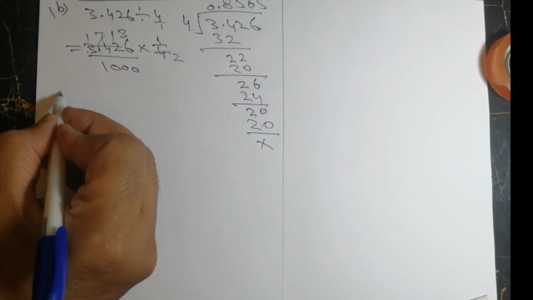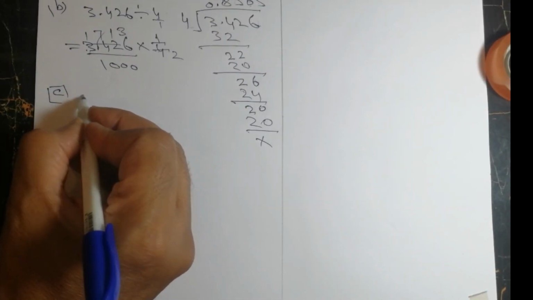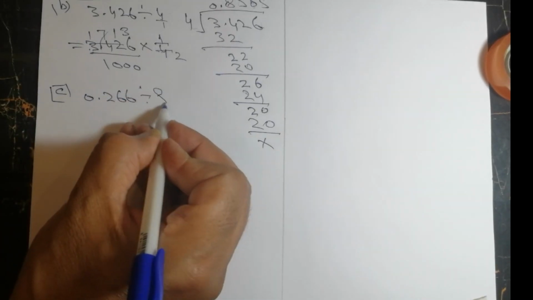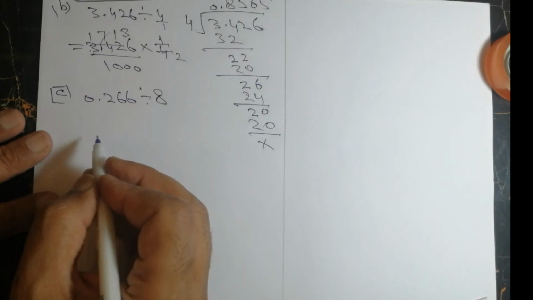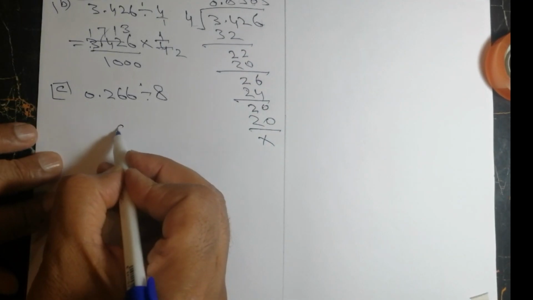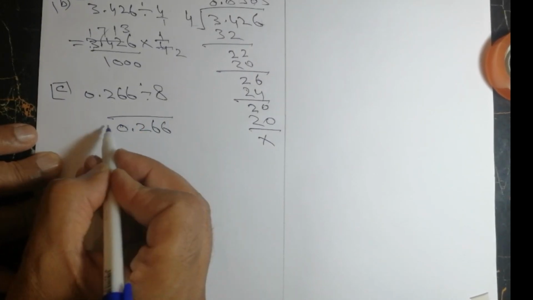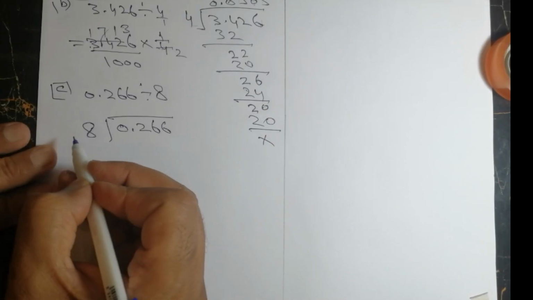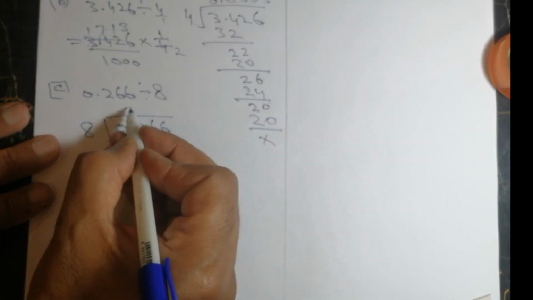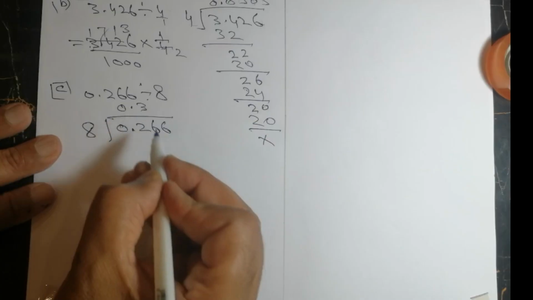Part C is 0.266 divided by 8. So here we see that first there is a decimal place, 0 point decimal, and now 8 3s are 24.